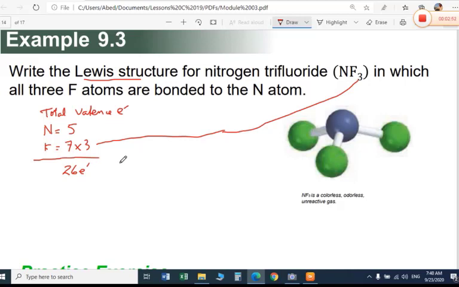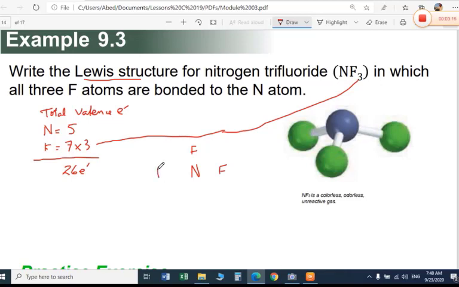The second rule says draw the structure. So there is one nitrogen, and that will be in the center because nitrogen is smaller than fluorine, and 3 fluorine atoms will be surrounding the nitrogen atom.